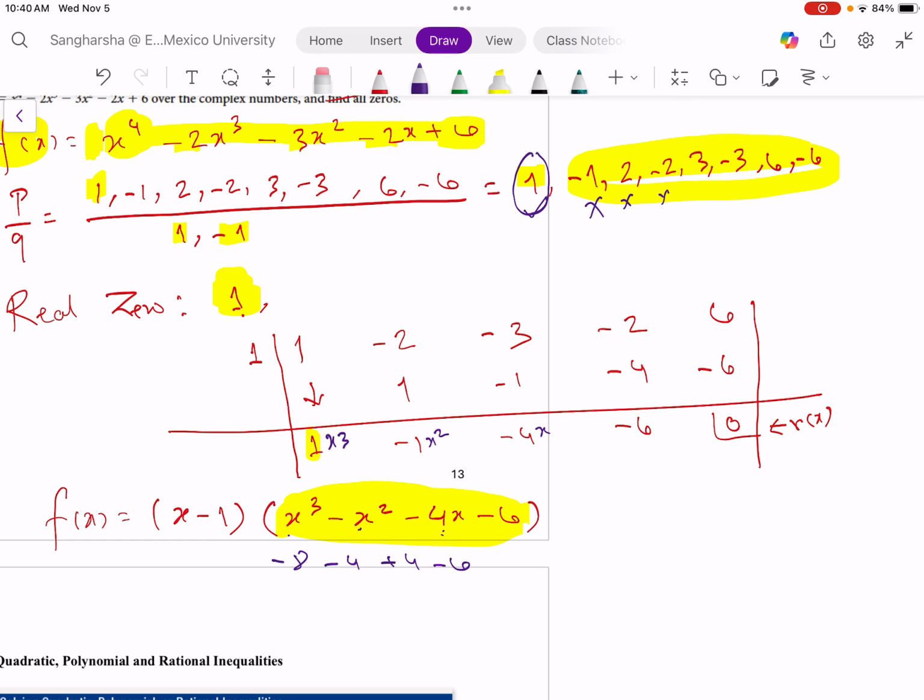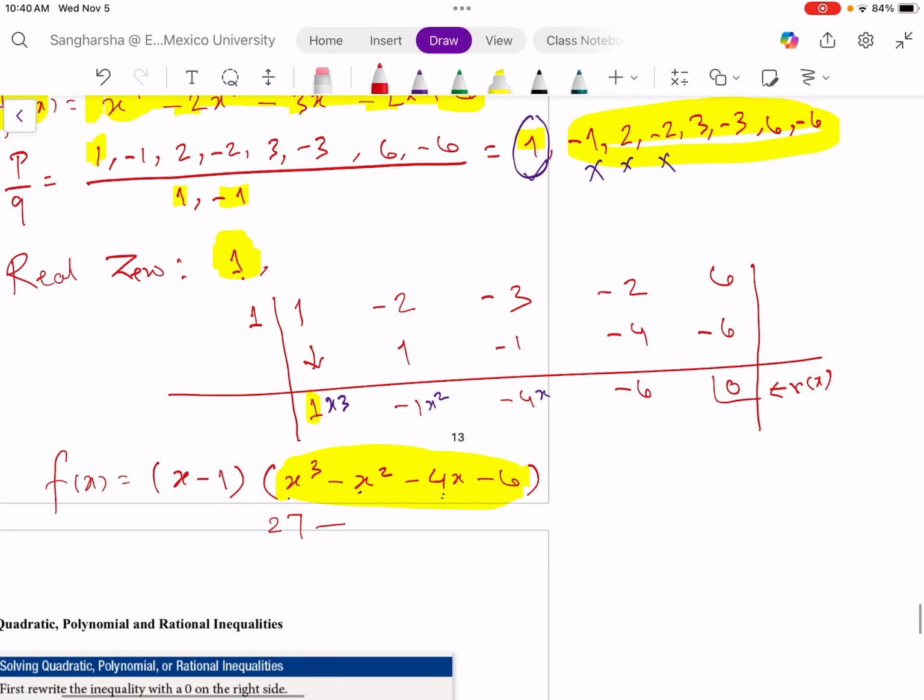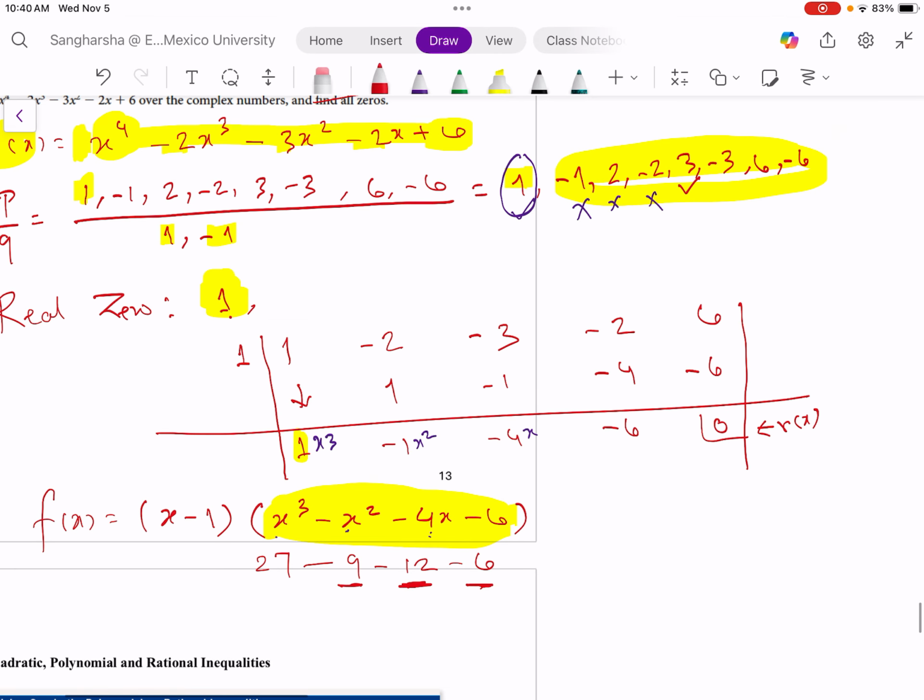Let's try 3. 3 cube is 27 minus 9 minus 12 minus 6. Is it 0? 27 minus 9 is 18, minus 12 is 6, minus 6 is 0. Okay, yes. So this is another real zero. Okay, so we have 3 as a real zero for this term.